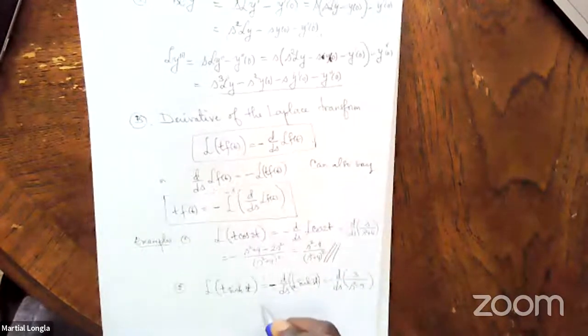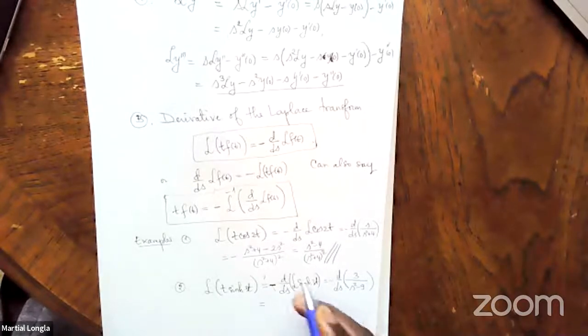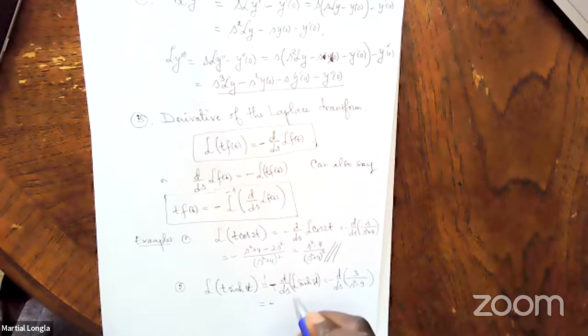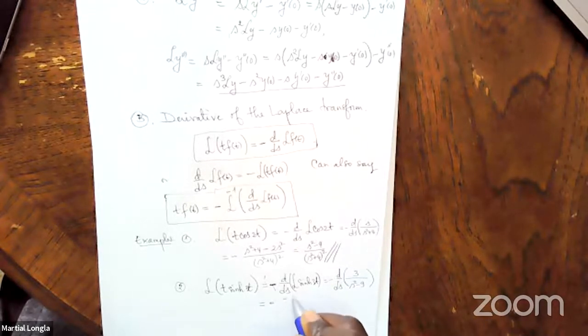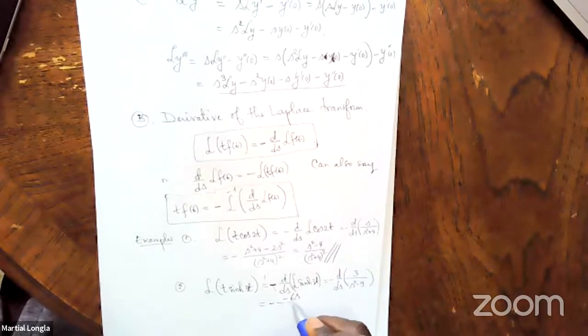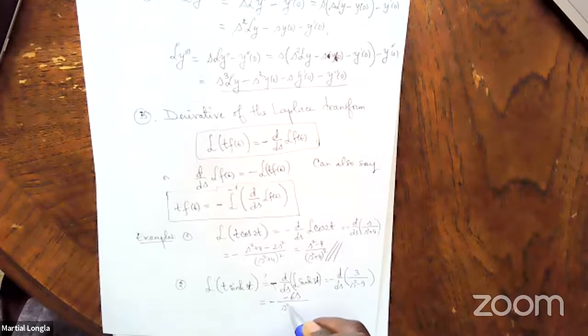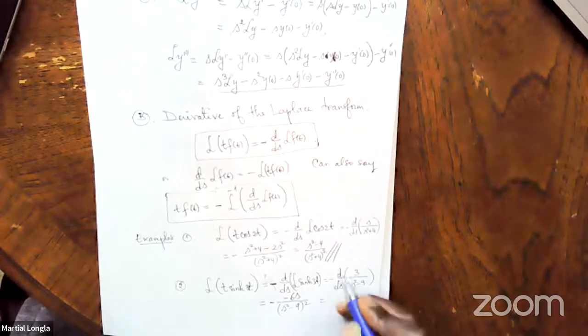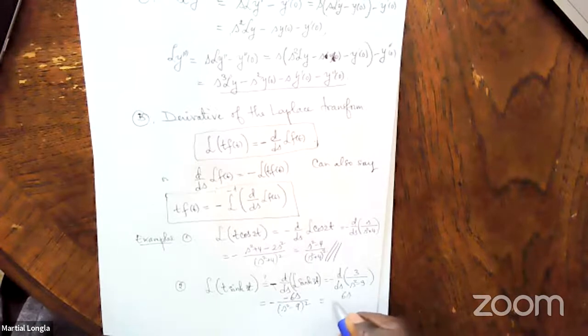Correct. And then use the quotient rule again. So to take the derivative, it'd be negative times negative 6s over s squared minus 9 squared. So then it would just be 6s over s squared minus 9 squared.